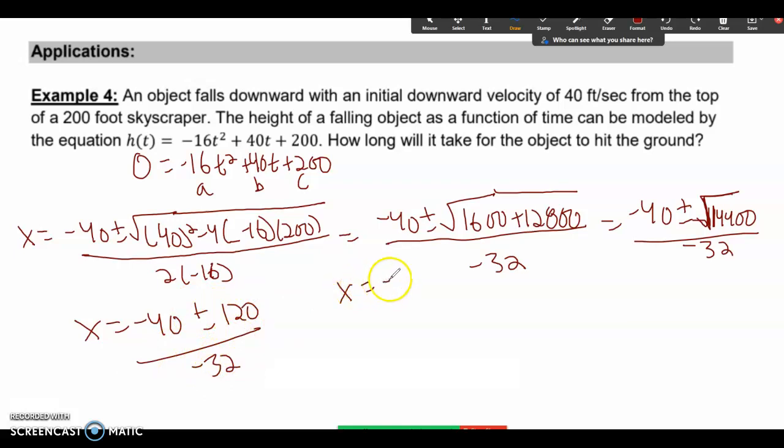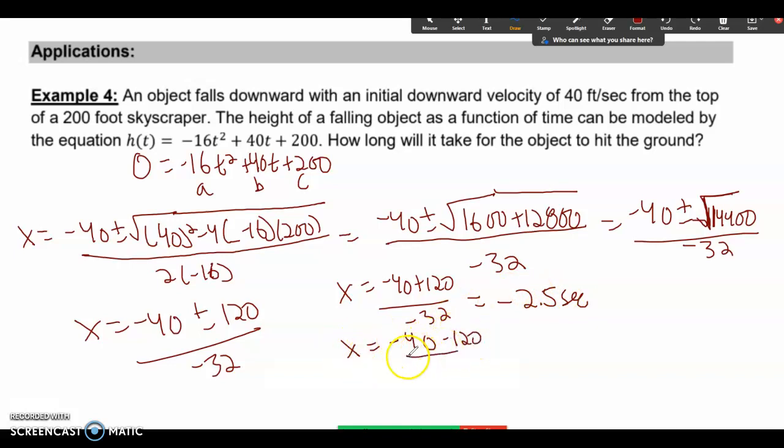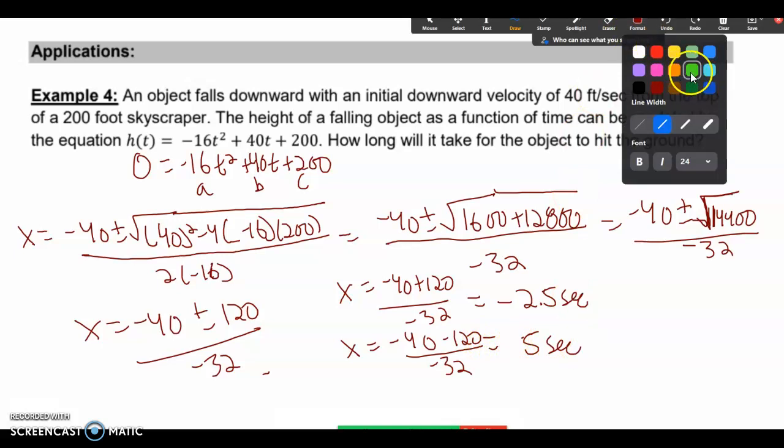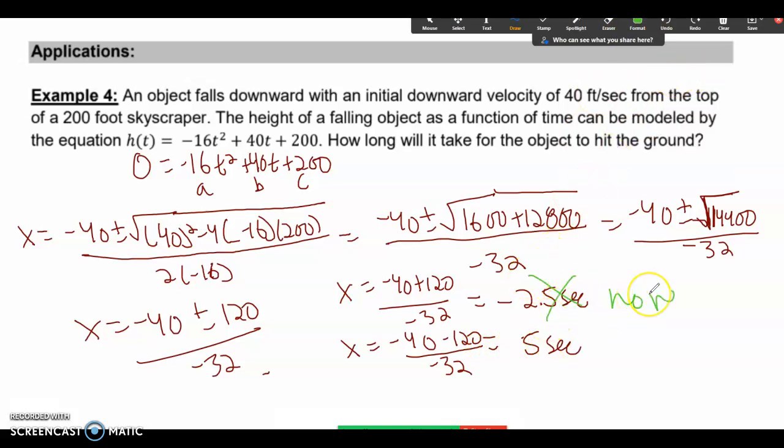So I'm going to do it one time with a plus, and one time with a minus, and I'm going to see that it does not make sense for me to use my negative time. So my answer would be at 5 seconds, the object hits the ground.